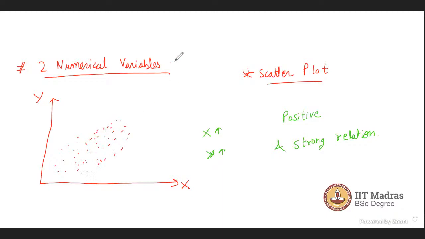So here also I can say they are going in the positive direction. They are positively related to each other. X is increasing, y is increasing, but the relation is not that strong. There is some variability. I can say that variation is high as compared to the previous one.